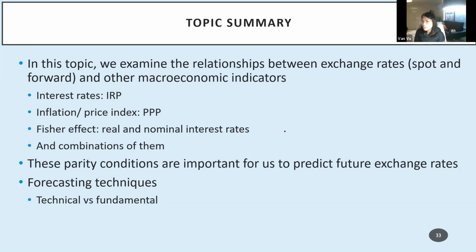We also talked about the efficient market hypothesis, in which we assume that the market is very efficient and the best predictor for the future is the forward rate. We also looked at how to evaluate the performance of different forecasting techniques. In the future, if you have to pay to use a forecasting technique, think about how it compares to the forward rate. Is the forecasting error doing better or is it the same as the forward rate? These were the main points for this topic.